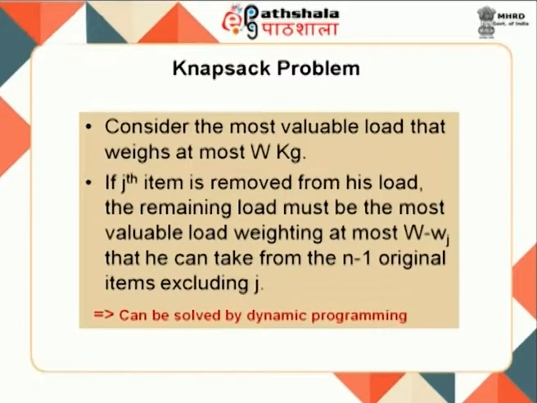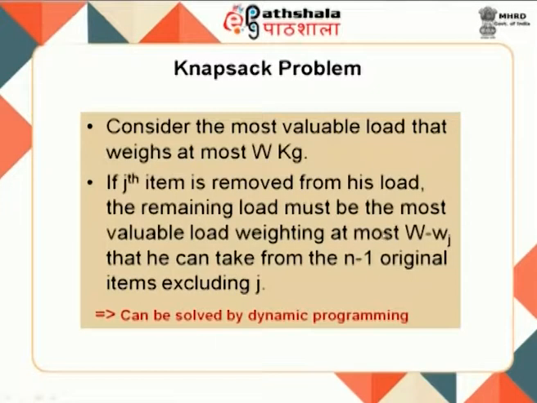He has all the items, then he takes the most valuable item, and let us assume that item j is that valuable item. Now, what is remaining? The total W minus the weight Wj. Now, that weight he has to take from the n minus 1 original items, and then from that he takes the maximum value item and so on.